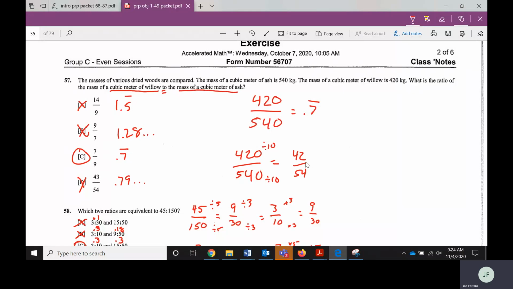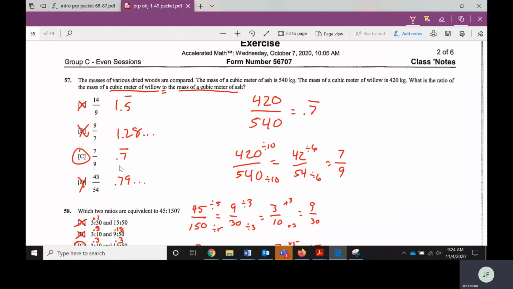Then you could notice 2 goes into both, they're both even, so you could divide by 2, but then you'd have to do it again because there's a bigger number that goes into both, which is 6. 42 divided by 6 is 7, 54 divided by 6 is 9. If you didn't notice this, you could divide by 2 again, and you get 21 over 27, and then you divide by 3, and you get 7/9, and there's your answer.